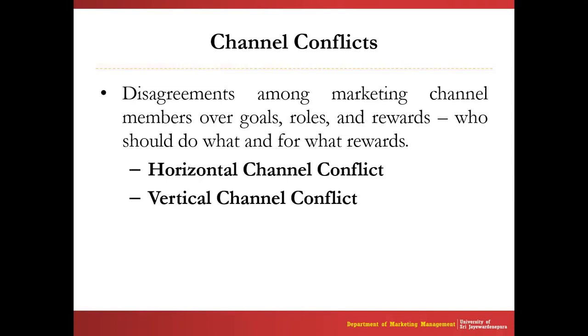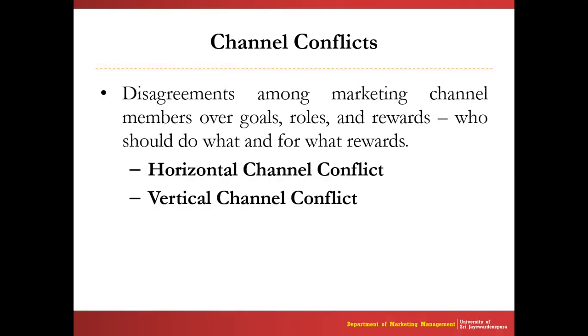The disagreements which happen between the channel members over goals, roles, and rewards, we call channel conflicts. There are two types of conflicts that prevail in the channels: horizontal channel conflicts and vertical channel conflicts. Horizontal channel conflicts means the conflicts or disagreements between members of the same level. As an example, retailer to retailer, there can be conflicts. Two retailers can have conflicts over goals, roles, and rewards.